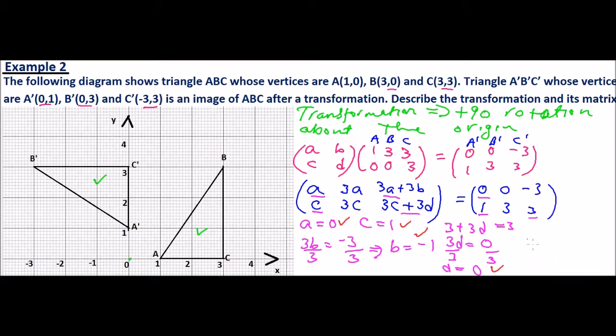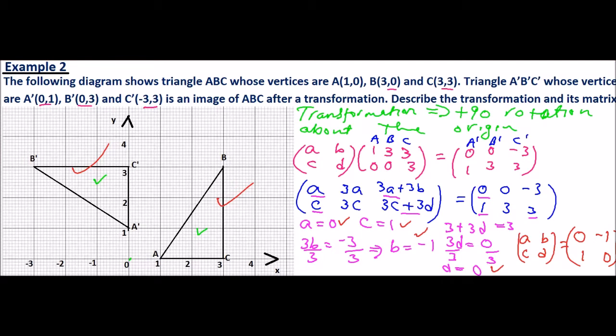So we write A, B, C, and D, which was a matrix of transformation which we had defined, is equals to 0, minus 1, 1, 0. So that is a matrix of transformation that was used to transform this object onto the image of this one. So that is how you work it out, and it is very easy.